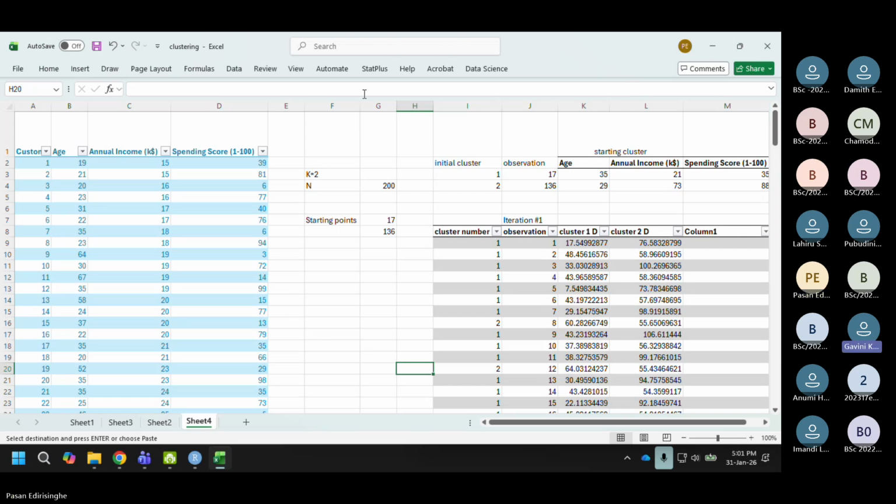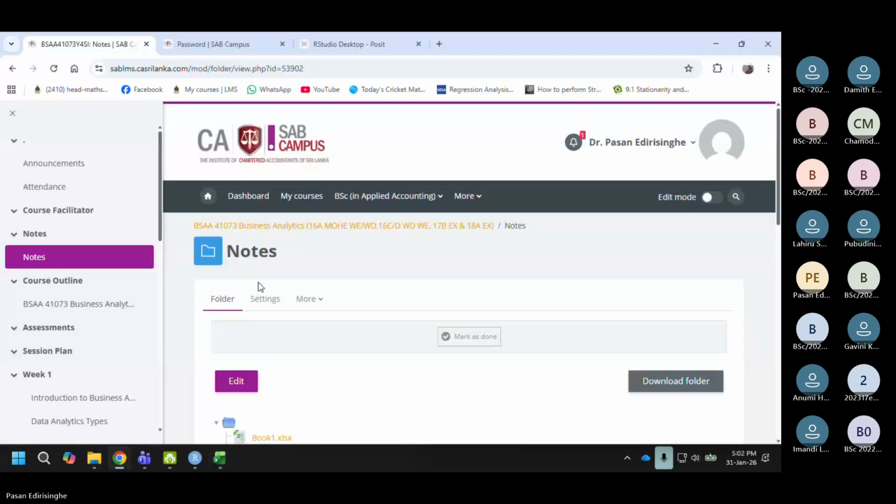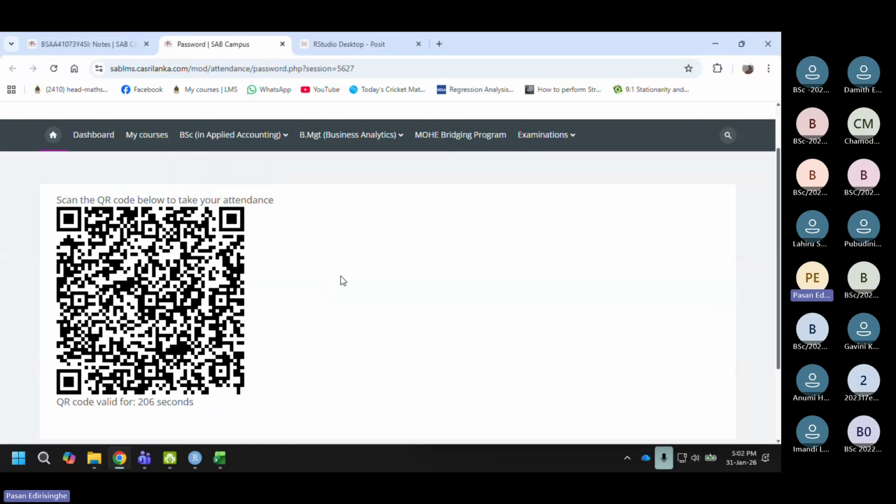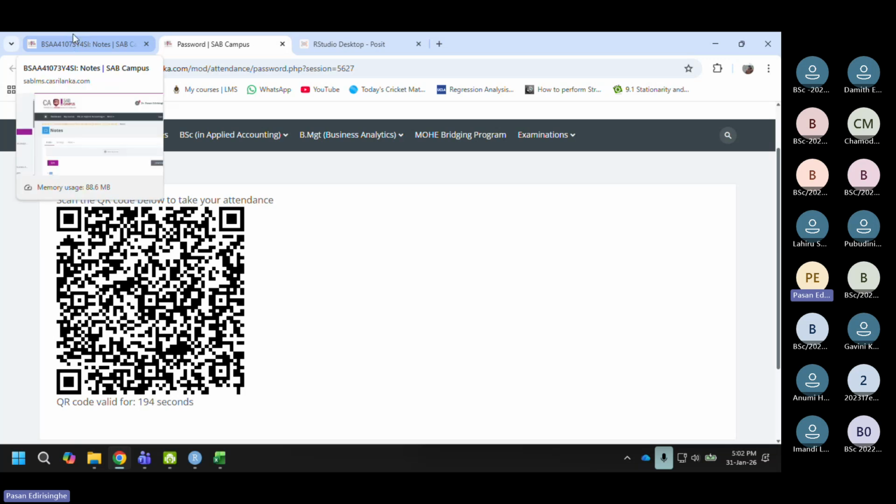Can you please share the QR code again? Okay, sorry. I don't know whether it is working now. The time has gone.